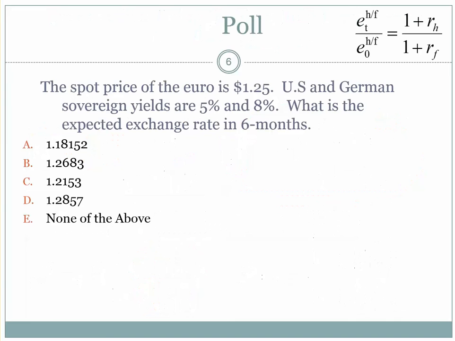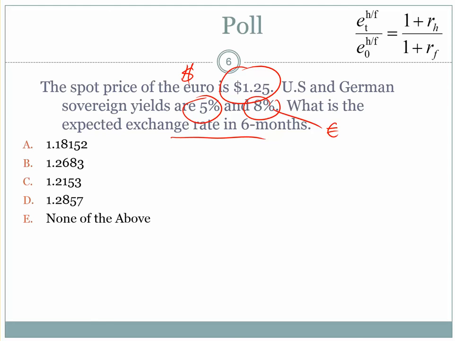So let's do a problem. So here we have the spot price of the euro at 125. US interest rates are 5%, and German interest rates on their bonds are 8%. We use that as a proxy for the Eurozone. And the question is, what is the expected exchange rate in 1 year?